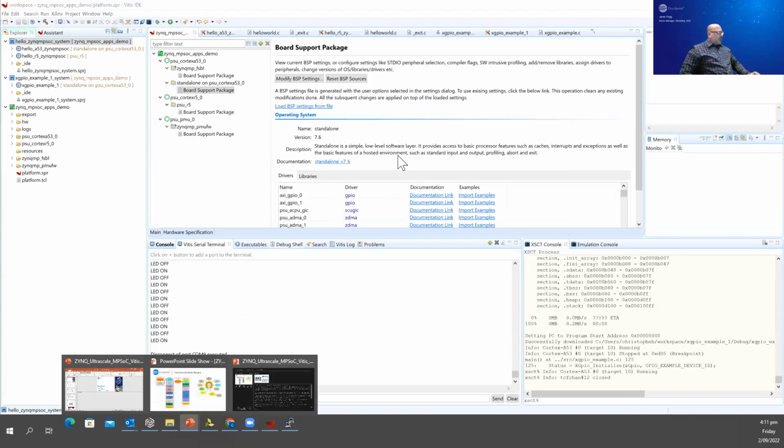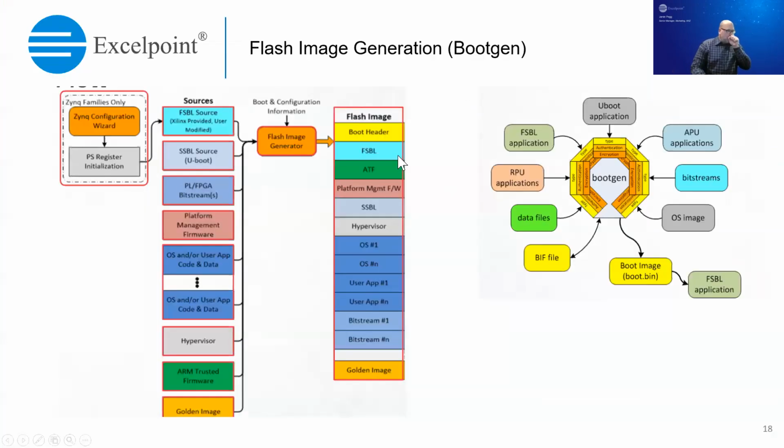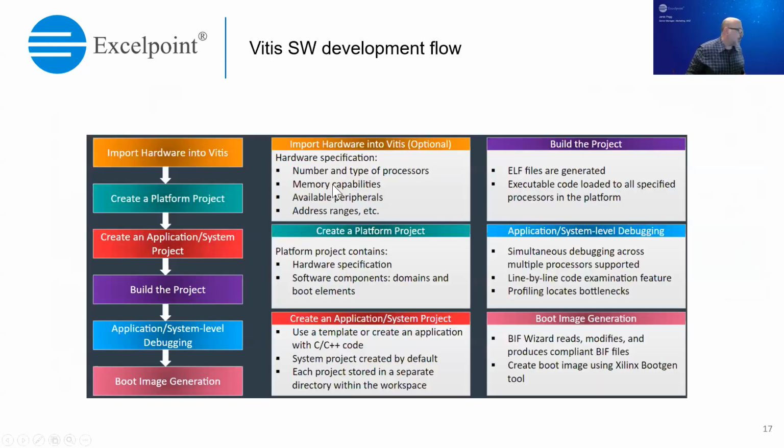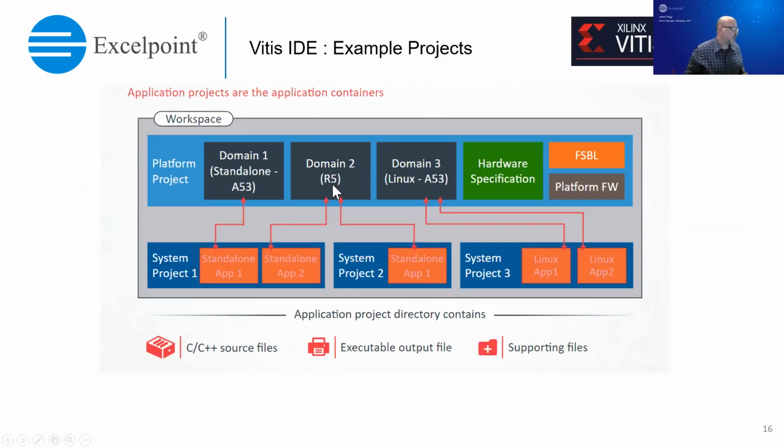Another question that came through. Can we run application 1 on the A53 and application 2 on the R5 and make them such that they can both access the same data? So for instance, both applications have access to the same data in memory.